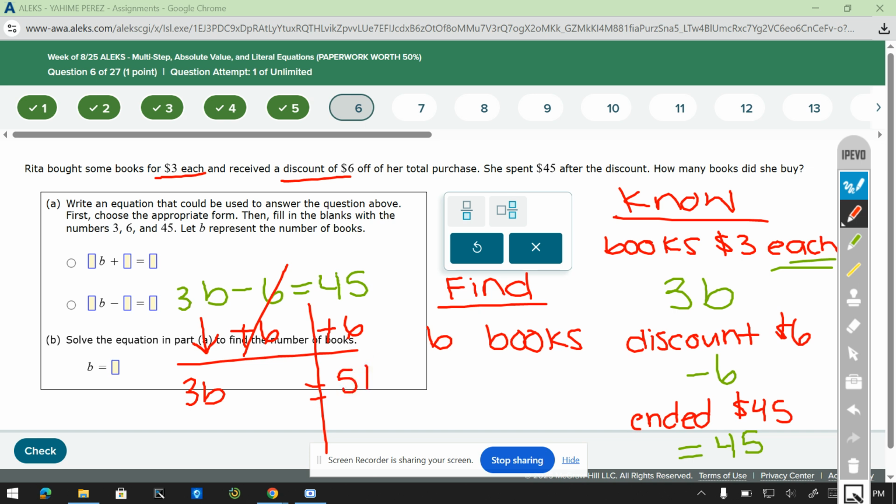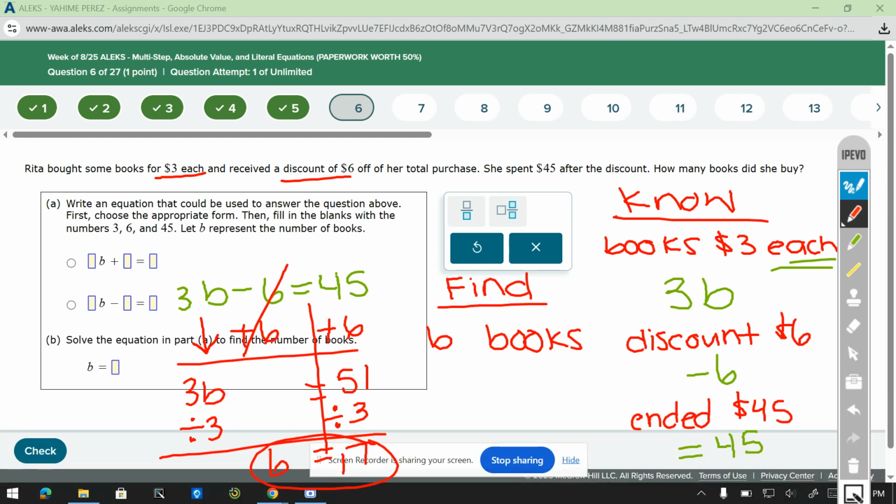And lastly, the 3 is being mushed against b, so that is multiplication. To undo it, the inverse of multiplying by 3 would be to divide by 3. Then 3b divided by 3 is just b, and 51 divided by 3 is going to be 17.